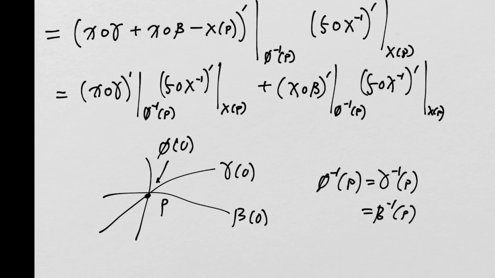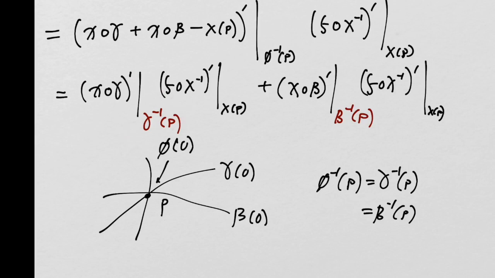I would just do it by erasing this, and I'll write it here in red. This is gamma inverse at P, and I'll erase this, and I'll write this is beta inverse at P. Well, that's important because now it really is beginning to look like the velocity function.